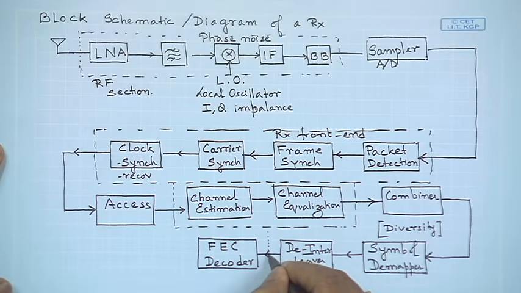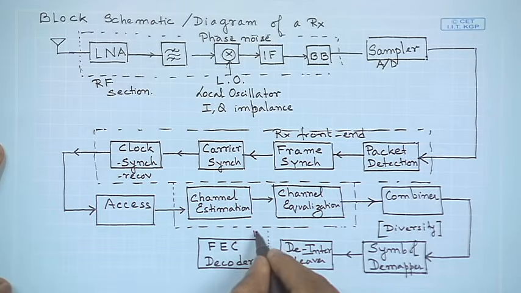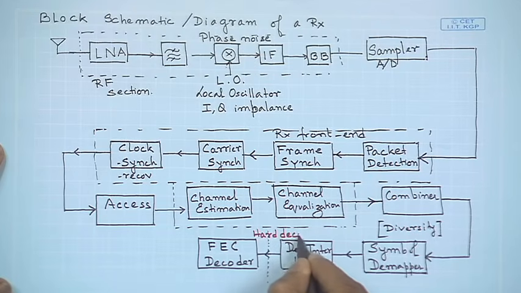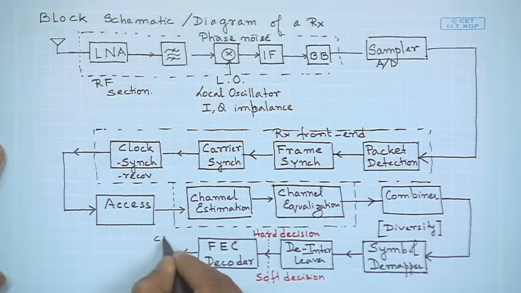At this point, one may have hard decision output, or one may have soft decision output. We will see them at different stages. So, once you have the FEC decoder, then you will have the CRC decoder.